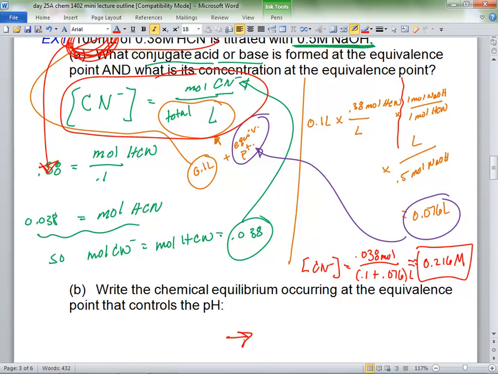It's going to be a K. Oh, you said CN minus. CN minus is a conjugate base, so it has to be Kb. Okay. So how would you write that Kb reaction? CN negative. Perfect. And its conjugate acid. Good.